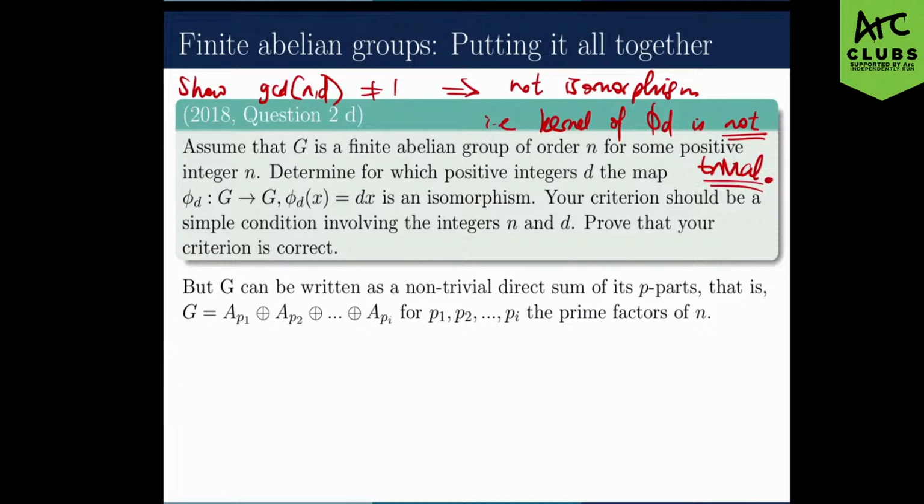Let's first say that the GCD is not equal to 1, which means we can start to decompose it into primes. It's really useful to use this p-part definition, because if GCD(n, d) is not equal to 1, then they must share a prime in common.